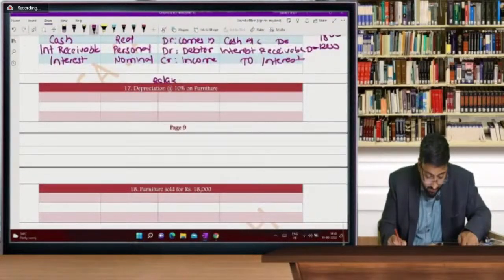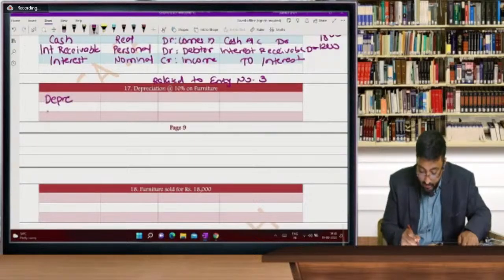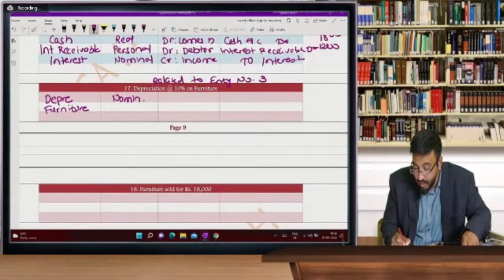Related to entry number 3. Depreciation is a loss. And due to depreciation, furniture balance reduces. So depreciation is a nominal account.